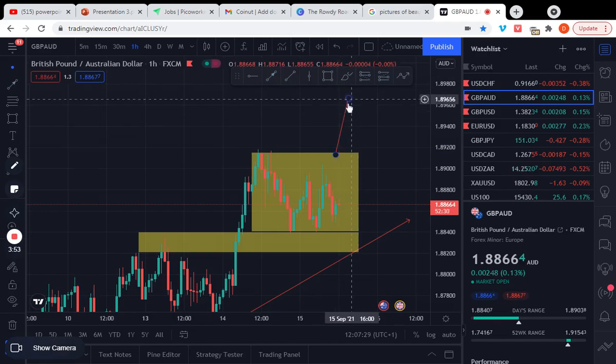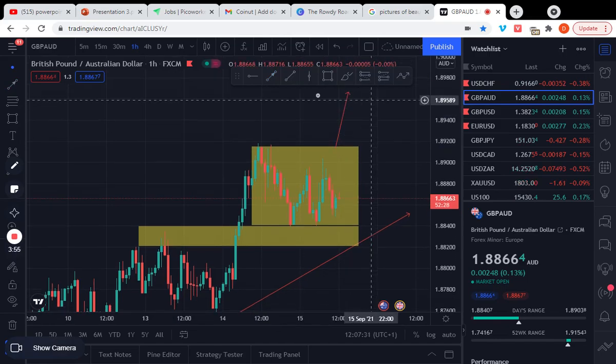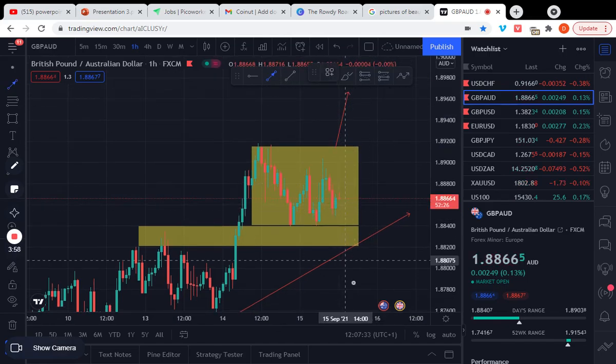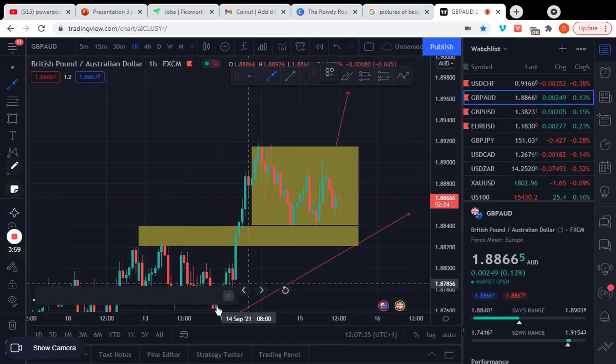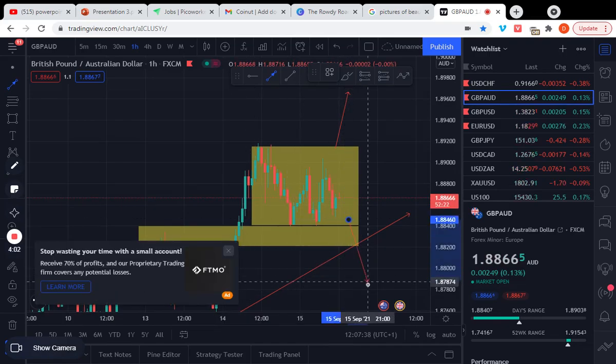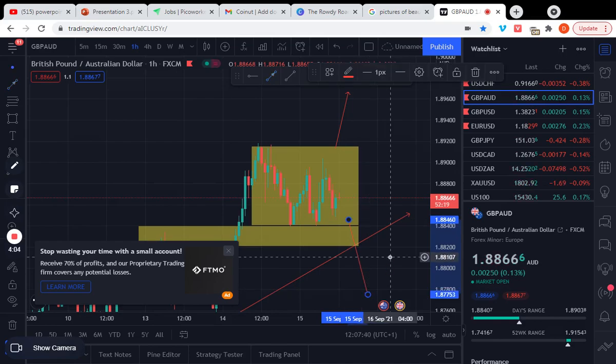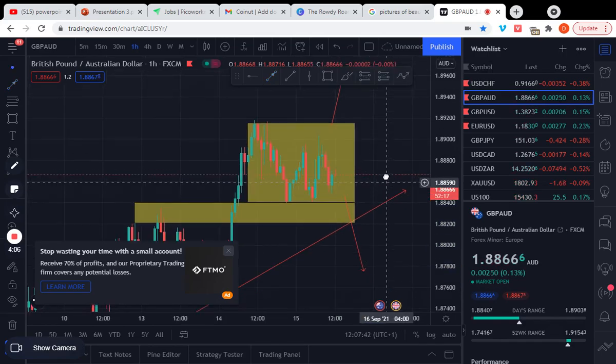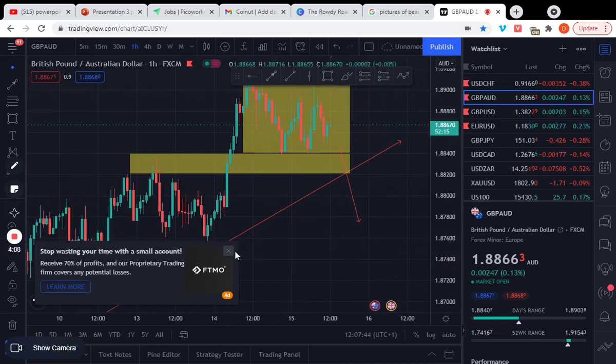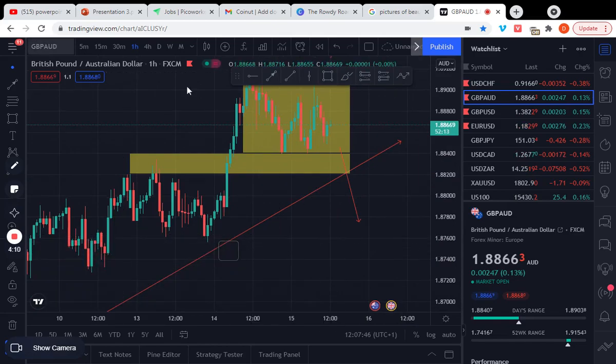If this does not happen, then the only opportunity we are looking for now will be a selling opportunity after the break of this structure here to the downside. This is the only time we consider going for a sell on this very pair, GBPAUD.